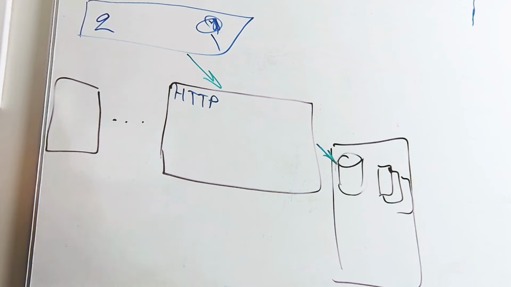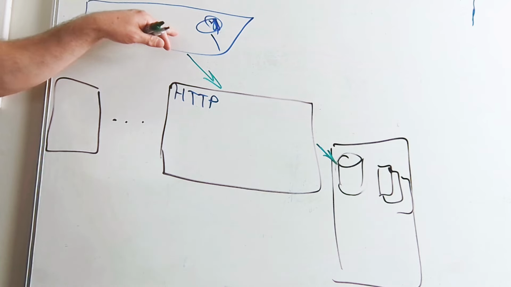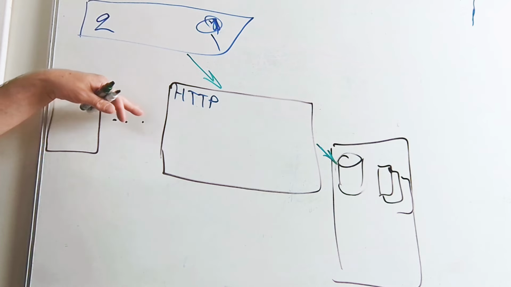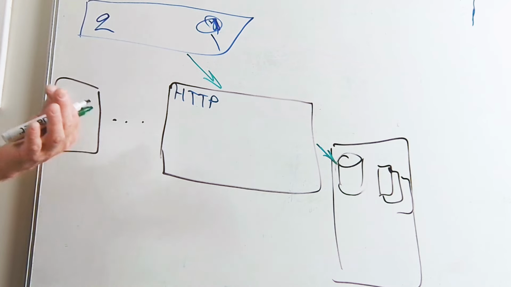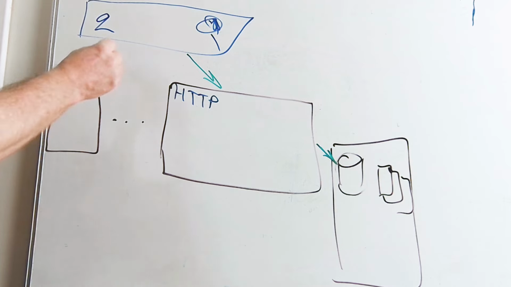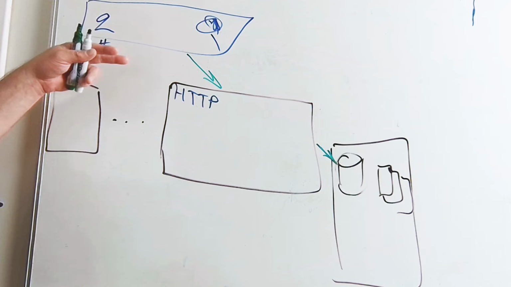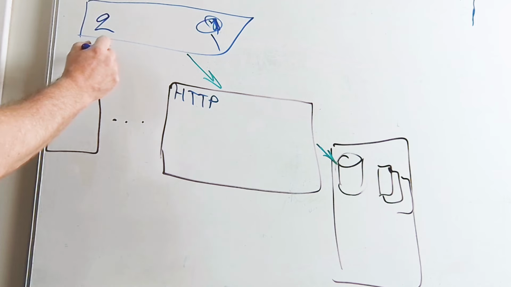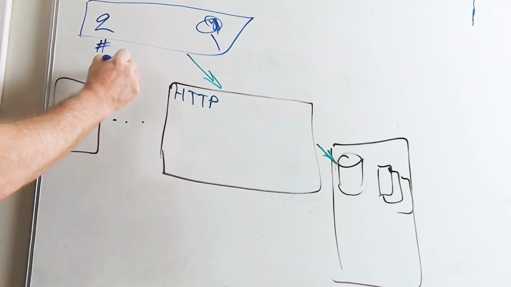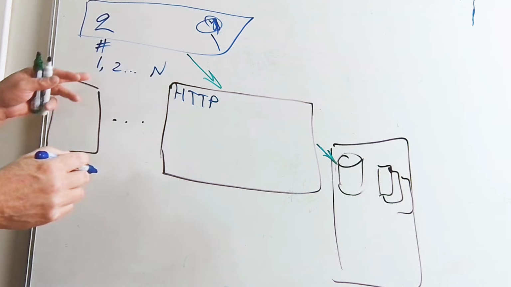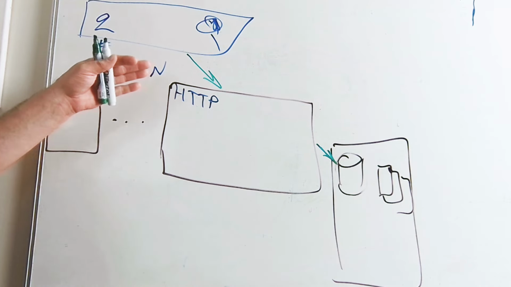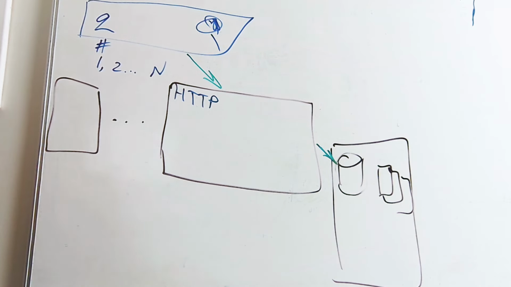We'll call that Q. And then also, because the users are searching, they're not going to get all of the search results back in one view. So we want to have a limit. So we're going to have the number of results as a parameter. And we're also going to have the page number, right? So they could be page 1, 2, up to n pages. Which page are they viewing and how many per page are they viewing?